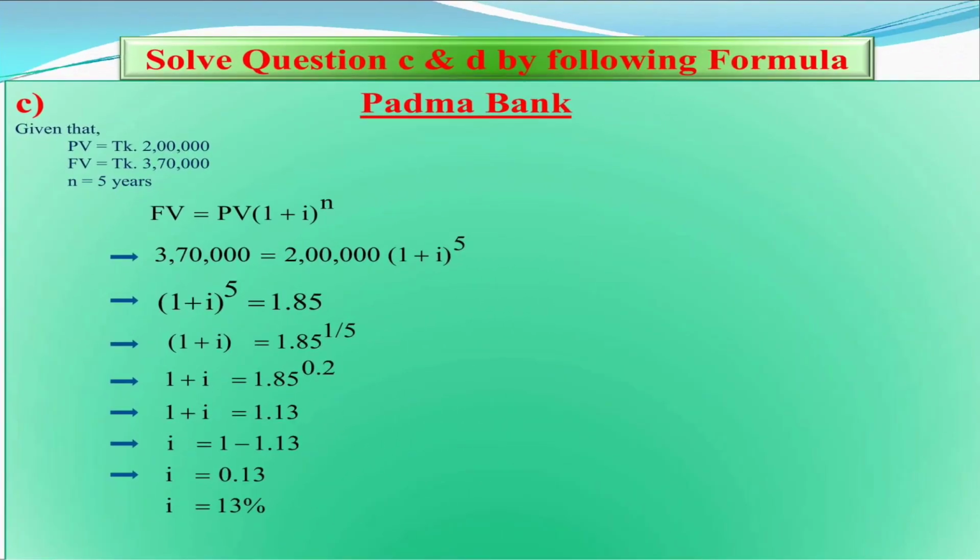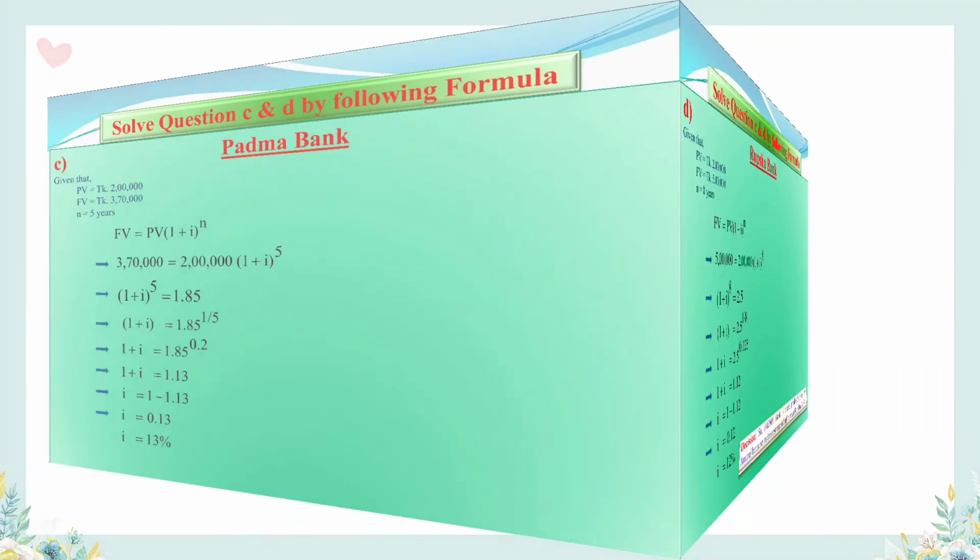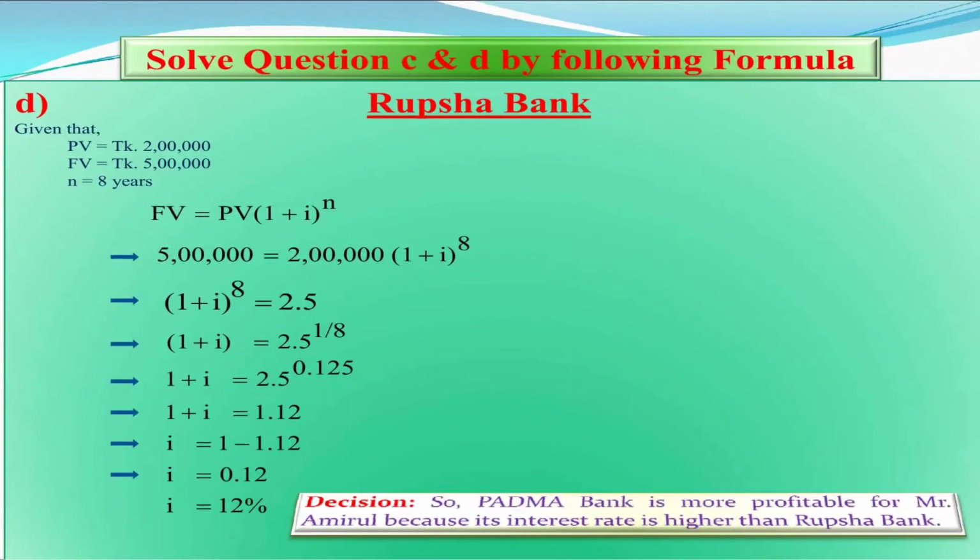Okay, dear students, see on your screen. Here, given that present value equals 2 lakh, future value equals 5 lakh, but the number of years is 8 years. We can solve it by using the future value formula: future value equals PV (1 + I)^n.